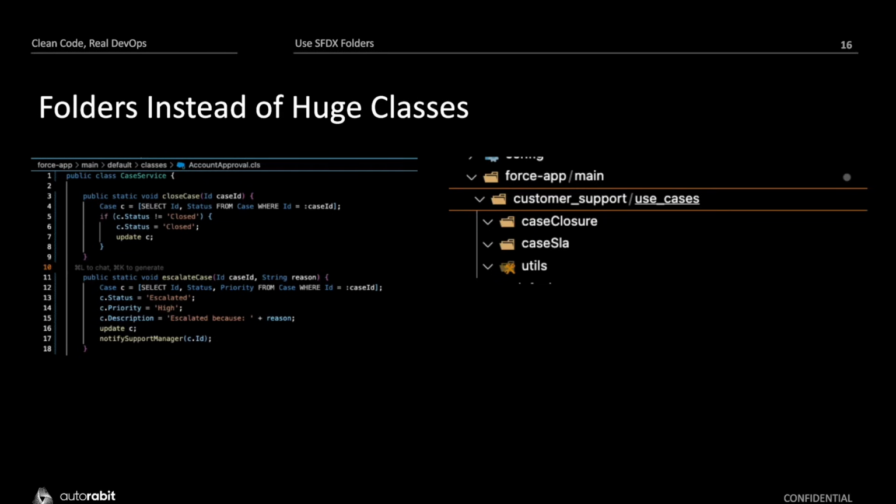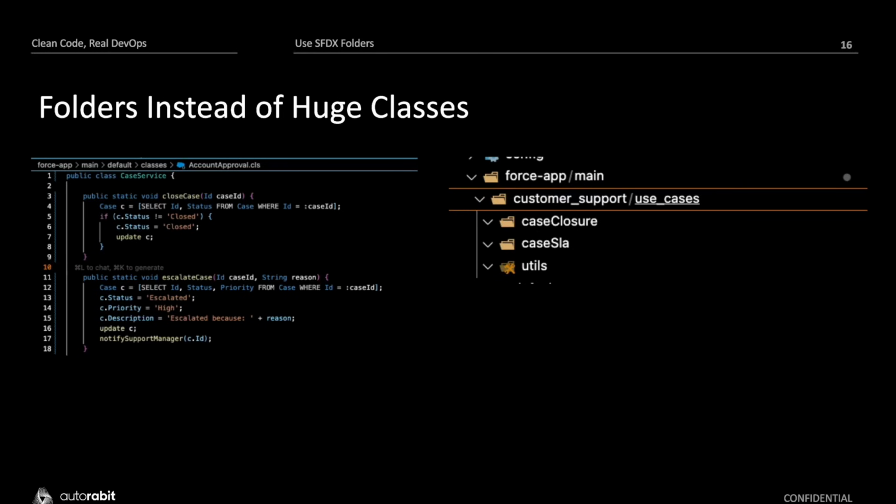And again, I think this makes sense if it's a managed package, if it's limited functionality. But if it's a big org with different business units and many different use cases, I don't think that makes sense. So what I suggest instead is that you use SFDX folders, as you can see on the right side of the screen here, to segregate things or separate things into different use cases or business units.